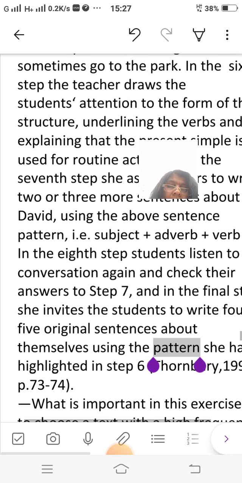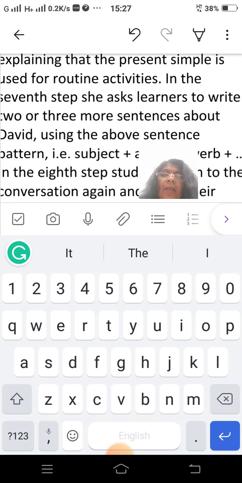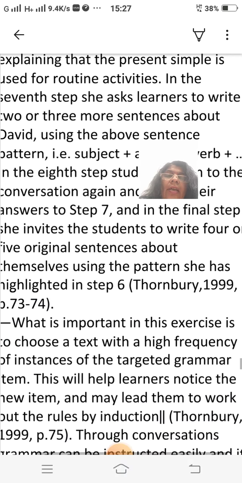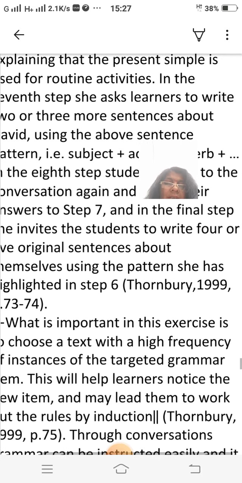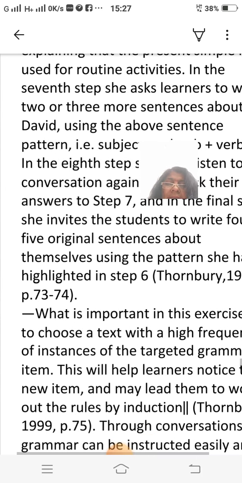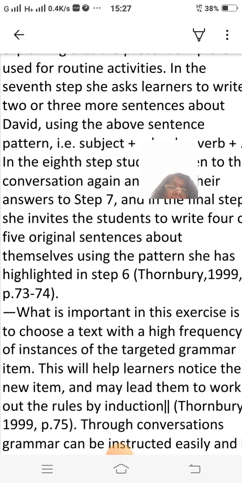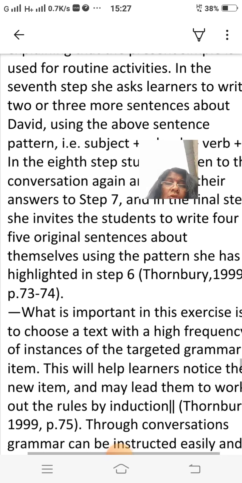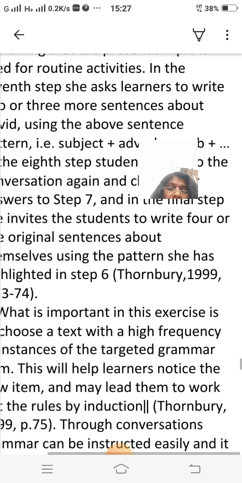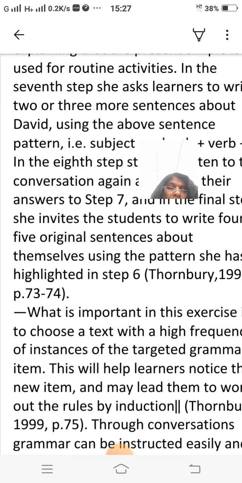What is important in this exercise is to choose a text with a high frequency of instances of the targeted grammar terms. This will help learners notice the new item and may lead them to work out the rules by induction.